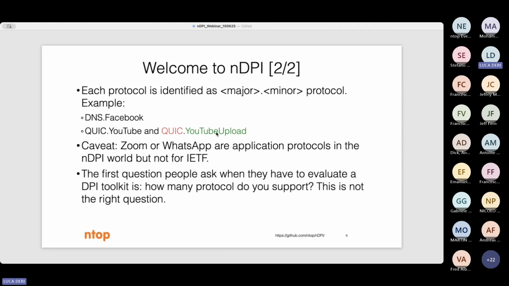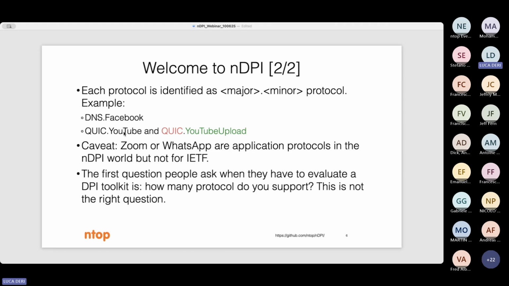Okay, and why do we need this distinction? Because there are some protocols, so for instance, YouTube, that can run on top of TLS and on top of QUIC, but the protocol per se is the same. Okay, it's just the underlying transport that is different. That for many people is a detail. Okay, so you know that, for instance, we are now moving from TLS to QUIC in many applications, and the fact that this is happening is not very relevant for most people.